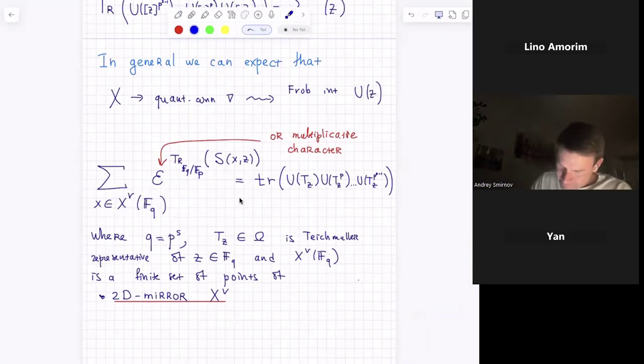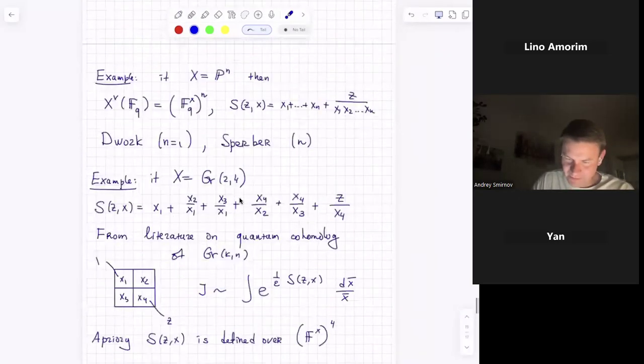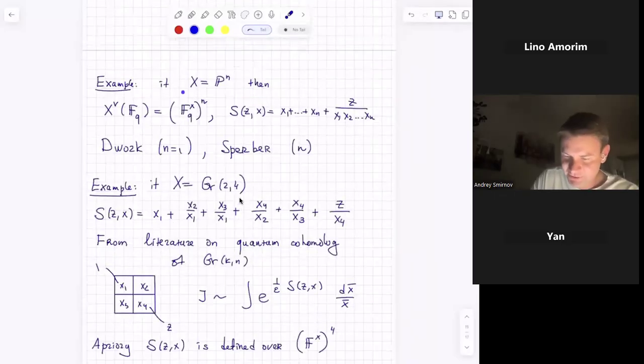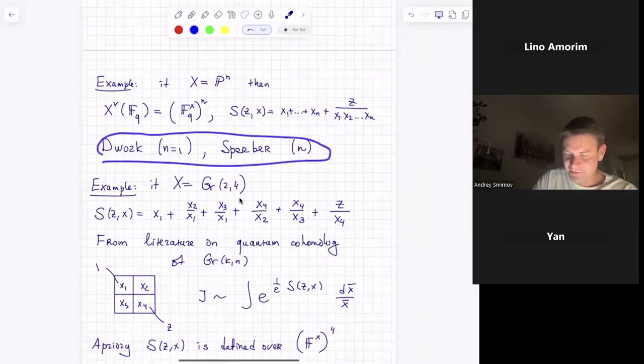So for instance, I've already mentioned the projective space case. It has a well-known superpotential from quantum cohomology, and we get these Kloosterman sums.